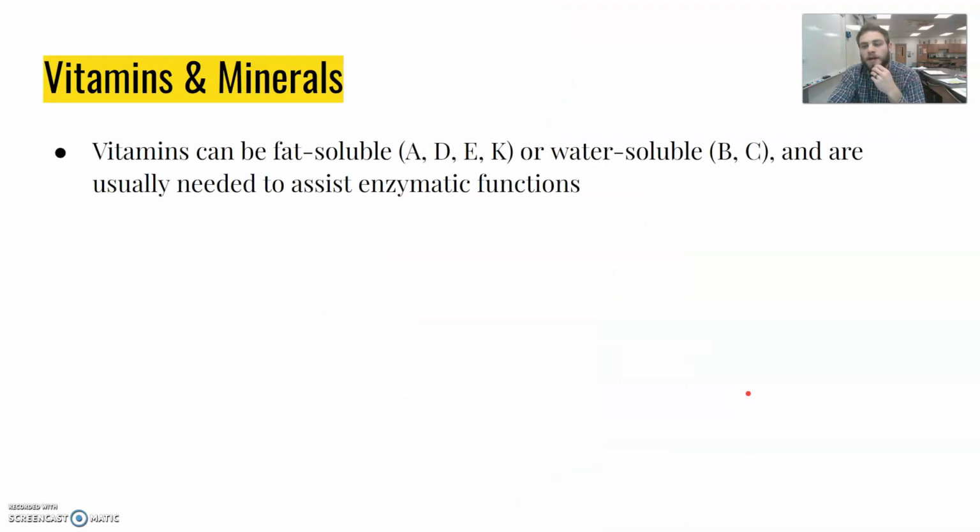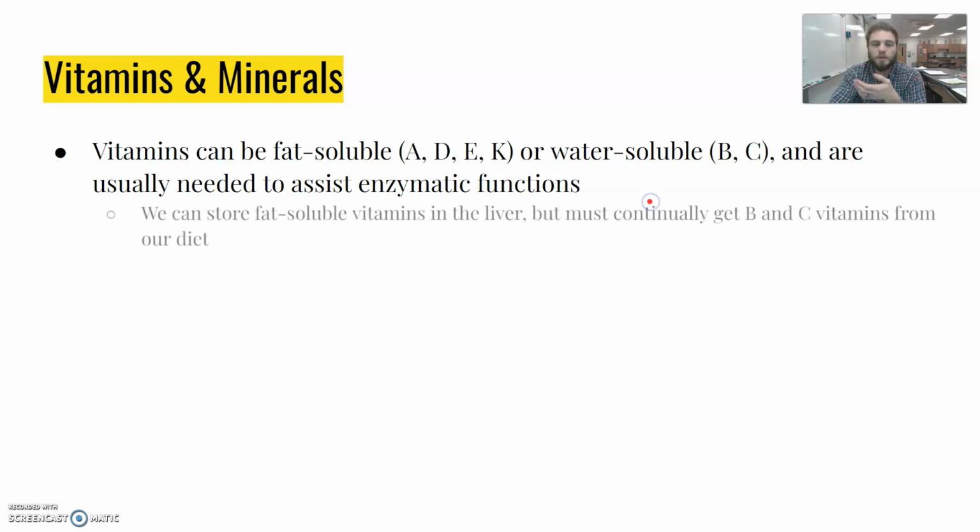Vitamins and minerals, while not macromolecules, are important for the body. We would call them micromolecules. They're needed in small amounts. Vitamins come in two forms, your fat-soluble and your water-soluble vitamins, and you can see which category each of them falls under, and they're used to help build enzymes. We'll talk about enzymes here in a minute.